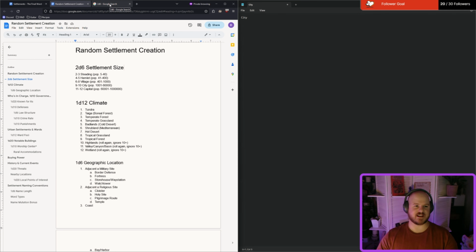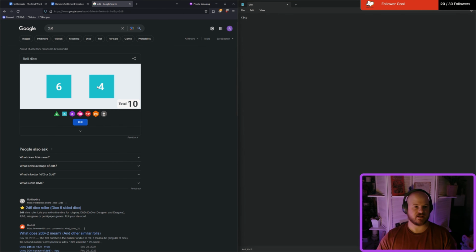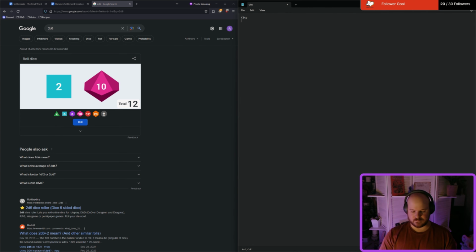We know our city has somewhere between 1,000 and 60,000 people in it, so an easy way to do that is to roll a d60 right here. So it's got about 20,000 people in it, which means it has a BP of about 200.